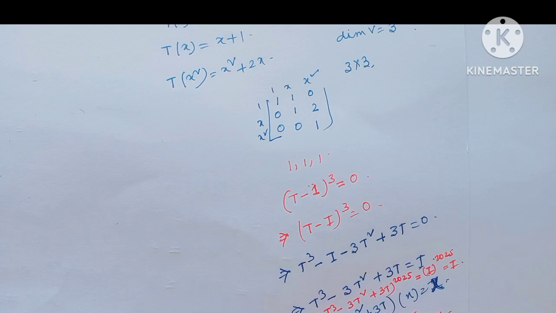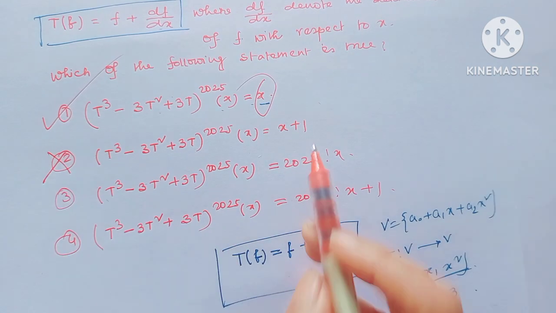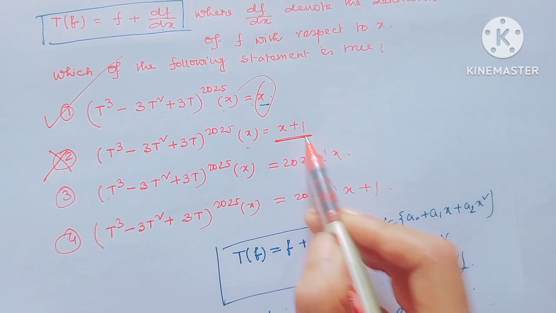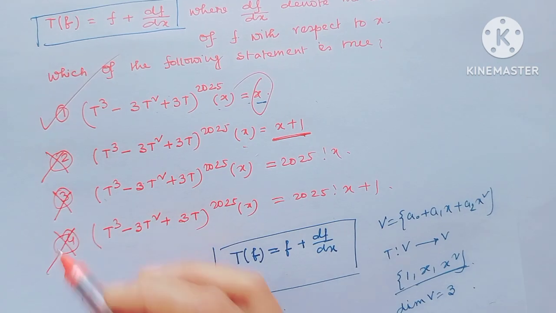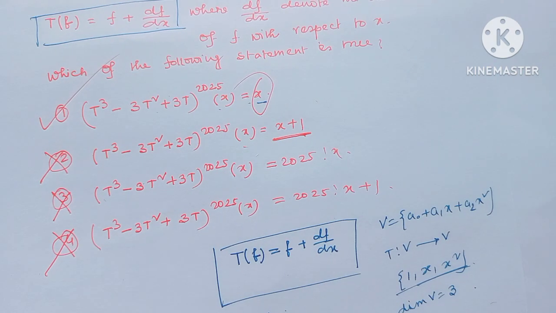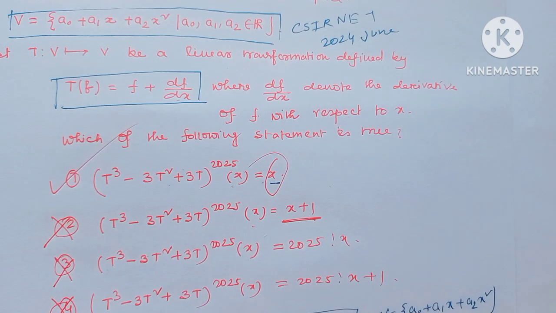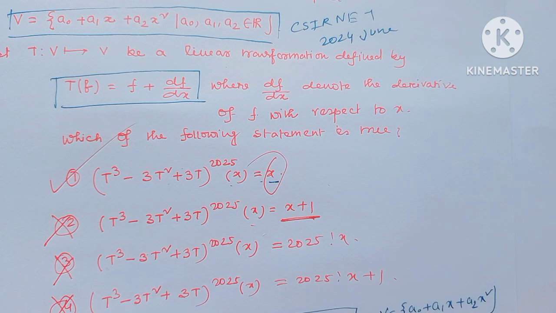So (T cube minus 3T square plus 3T) of x equals x always. So option 1 is the right option. Option 2 is wrong, since x would be x plus 1. Similarly, options 3 and 4 are wrong. I hope all my viewers have understood this type of question. This is actually matrix representation.